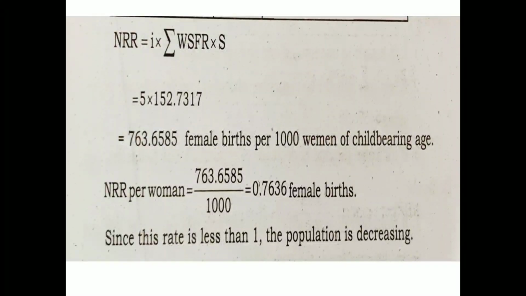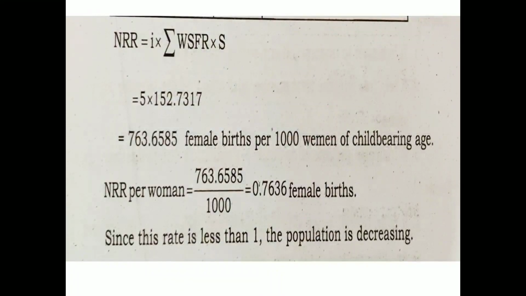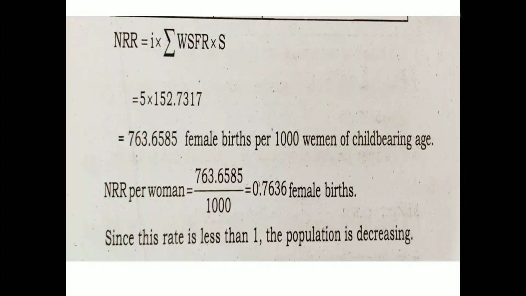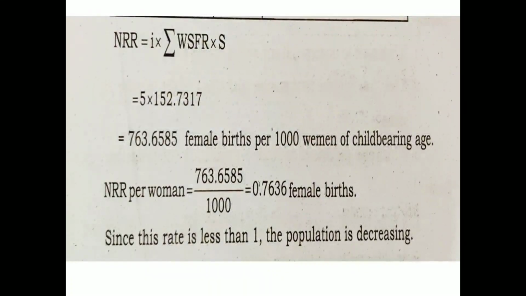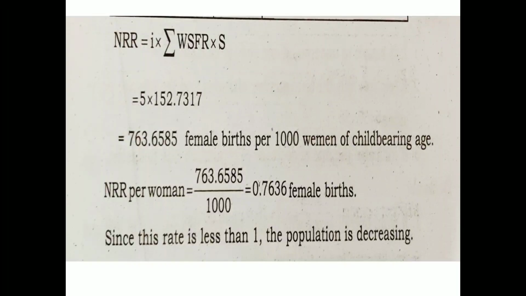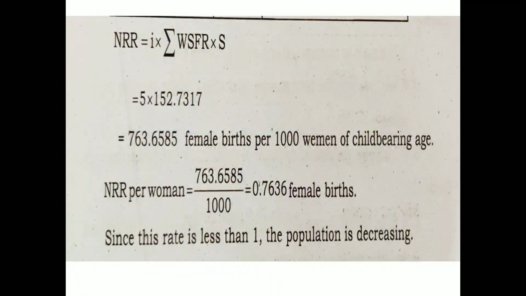Now NRR per woman is 763.6585 divided by 1000, which is 0.7636 female births. Since this rate is less than 1, the population is decreasing.